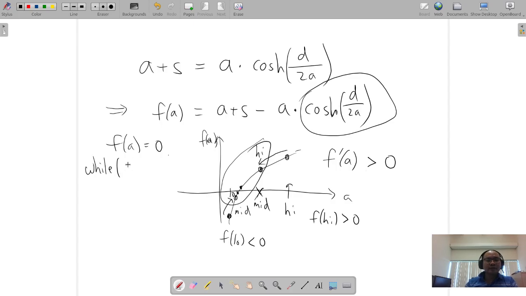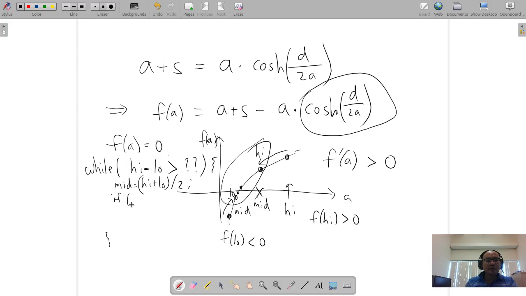where it's bigger than something. Then you compute mid as high plus low over 2. And all these are doubles, by the way.